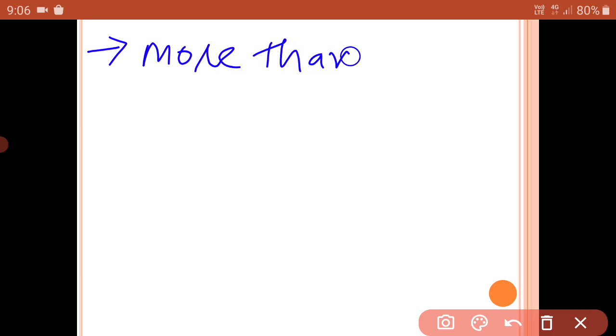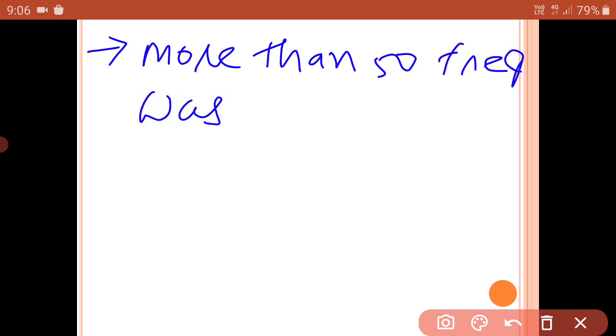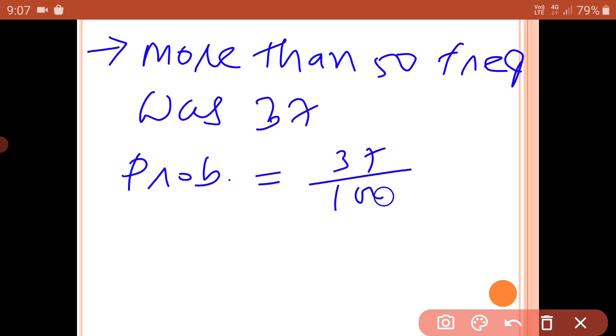After that, the second line: more than 50, frequency was 37. So the probability is 37 upon 100, and the answer is 0.37.